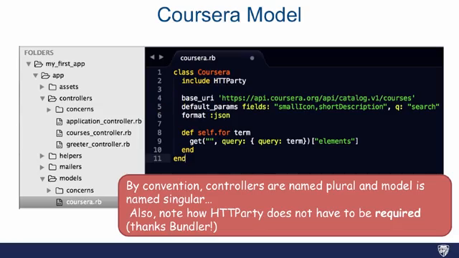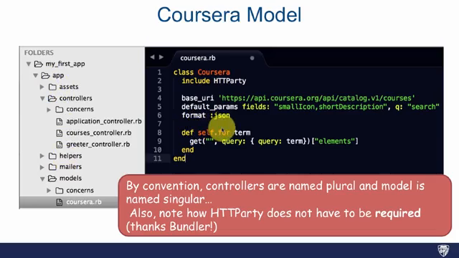And now we're going to have a model. So we could actually just create a new file called coursera.rb in the models folder, which is located under the app folder of your application.